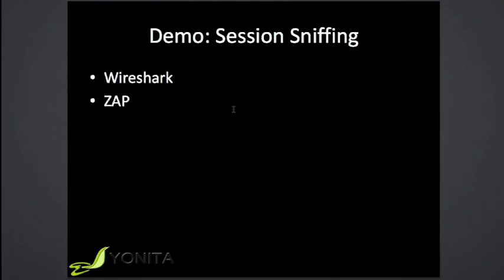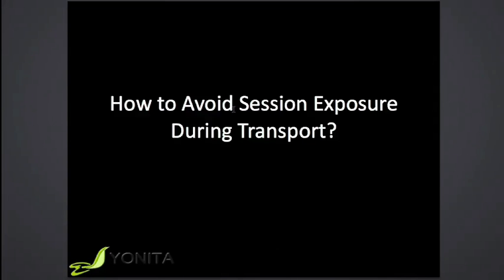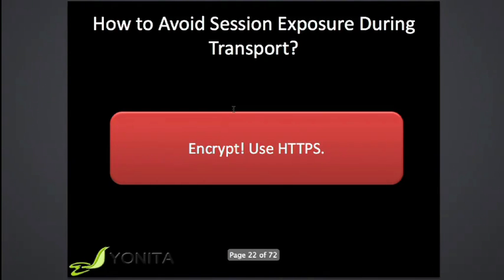Wireshark is for packet sniffing, so I can see all the packets with the content, and then I use the intercepting proxy to set up a cookie. So basically the problem here is that we do not encrypt our session cookie identifiers during transport.